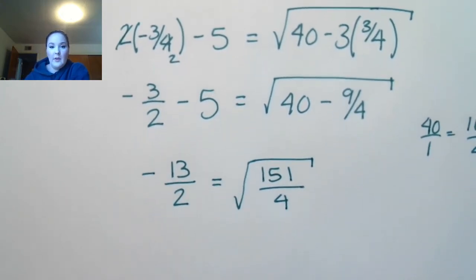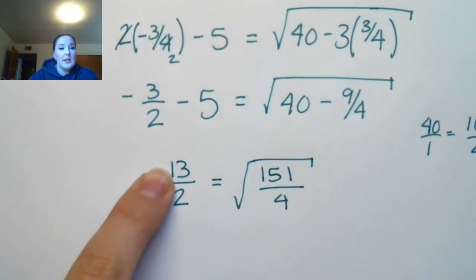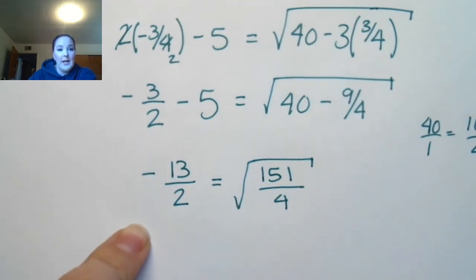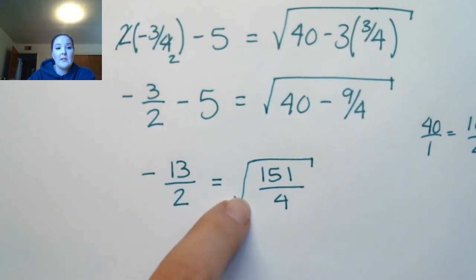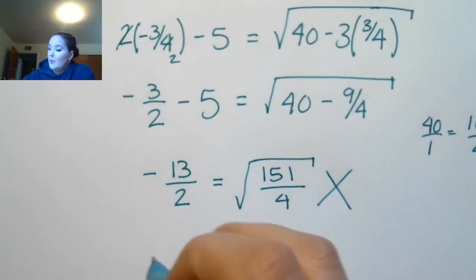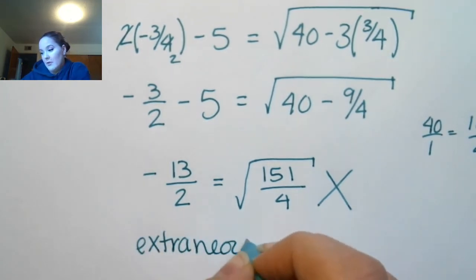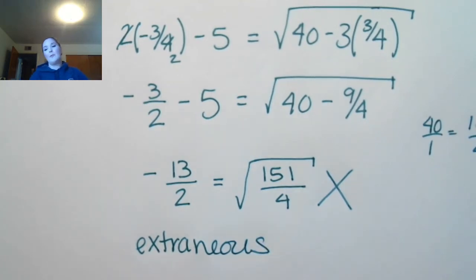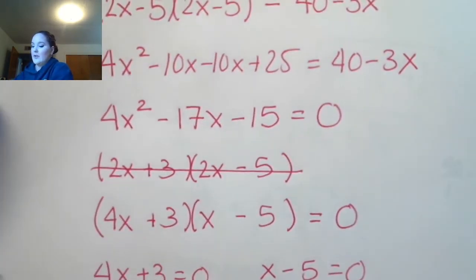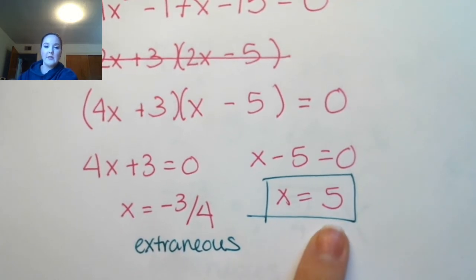Now, the square root of 151 is not an even number, and it certainly isn't 13. In any case, this is a positive value while this is a negative value. So this is a false statement, which means that this is an extraneous solution. I'm going to write that under my original answer, that this is extraneous. So here is my real solution, here is my extraneous solution.